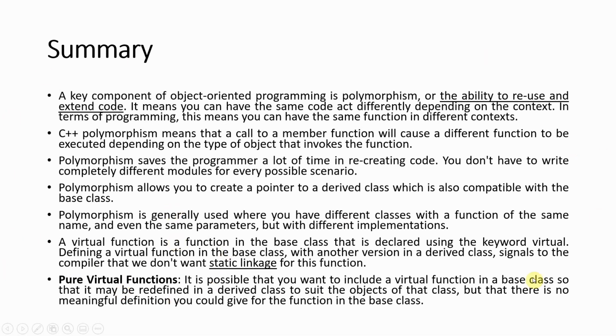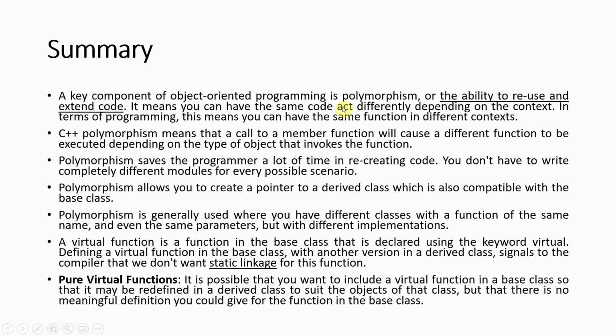This basically summarizes everything that I mentioned through this video. An application of polymorphism is the ability to reuse and extend the code, just like having a base pointer or base reference variable, and you can have different forms of operations using that pointer or reference variable.